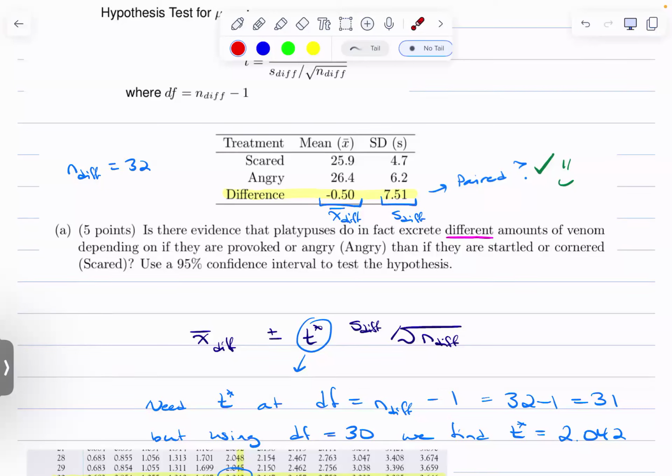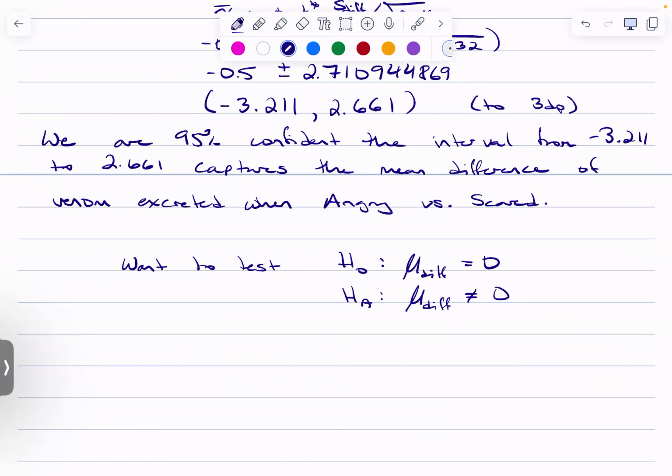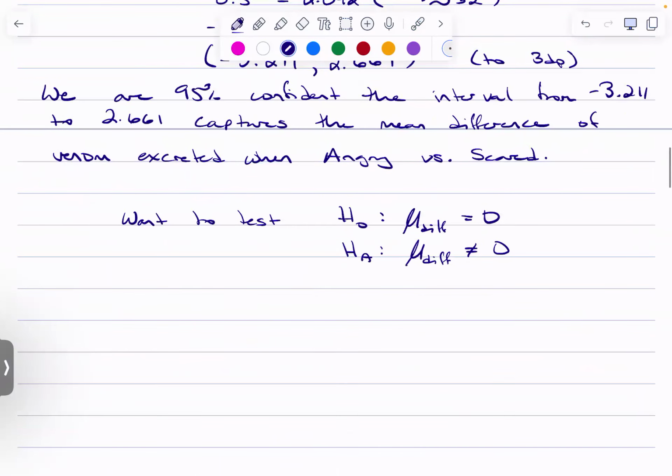Now, we only want to know if there's a difference, right? Different amounts. And so I have a not equal to here. Kind of beyond the scope, but you actually can only use a confidence interval to test a 2-sided hypothesis test. Otherwise, you'd have to make adjustments, but that's beyond this course.